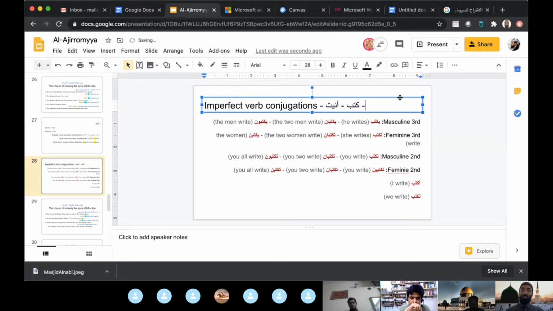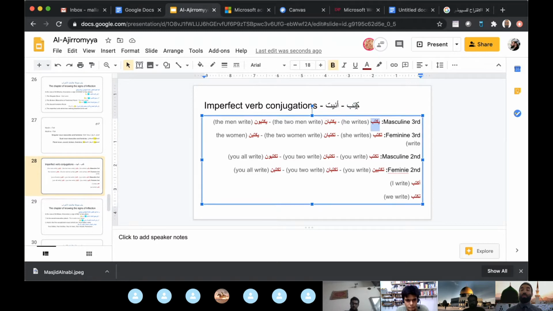Four. These four they call the letters of imperfectness, huruf al-mudara'a. Once you add them to the beginning of a verb, it automatically makes it imperfect. So which one of these letters did we add to kataba in this case?